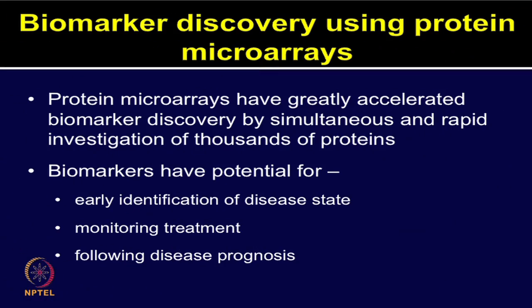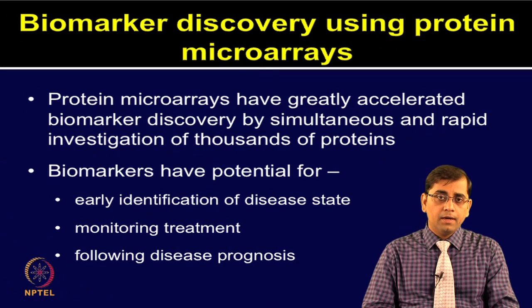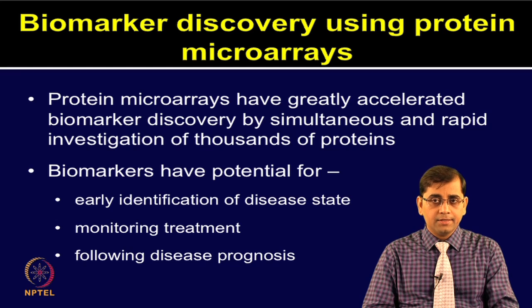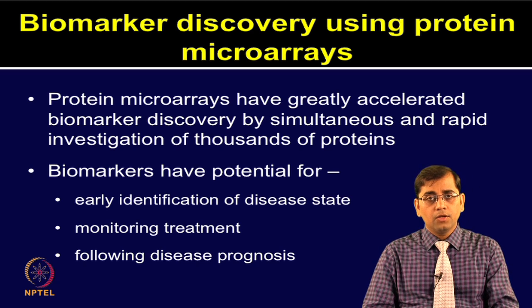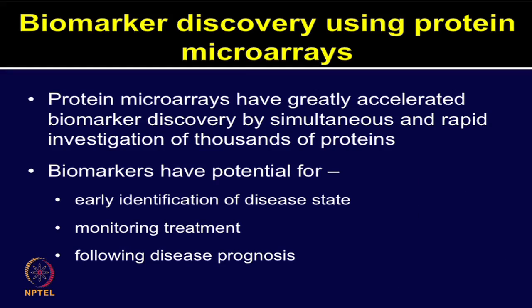Protein microarrays are helpful in this regard because even with a few microliter samples, one could screen thousands of proteins simultaneously by using these high density array platforms. So, biomarkers have potential for early identification of disease state, monitoring a disease treatment response as well as follow up on the disease prognosis.